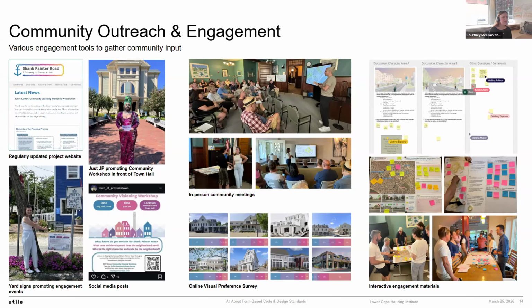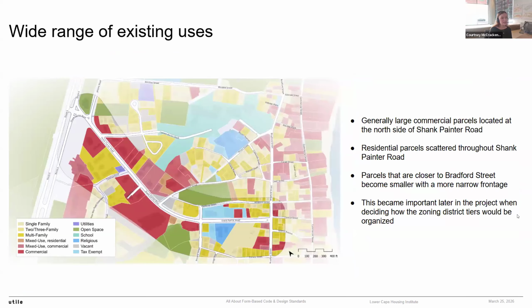And really engage with us as the event at that time was a little bit further from the downtown commercial street core. So really engaging people to come up to Schaefer Road and participate so we could get some feedback. Additionally, we had, again, these in-person community meetings, an online visual preference survey, and a lot of interactive engagement materials.